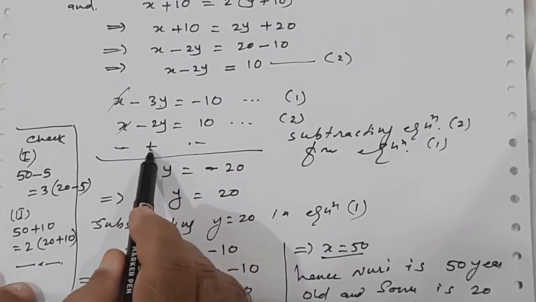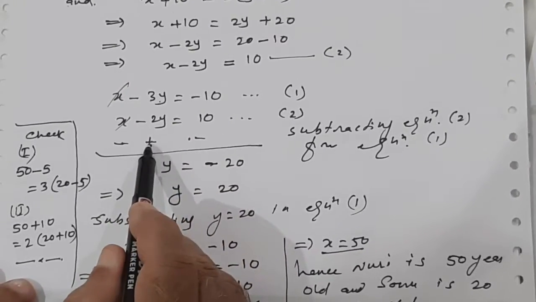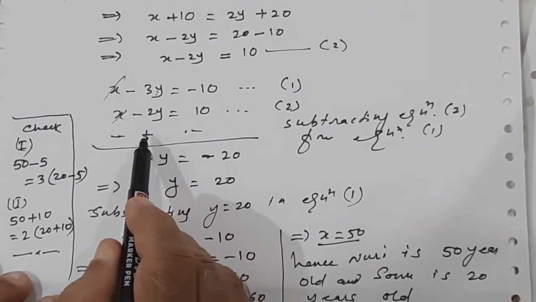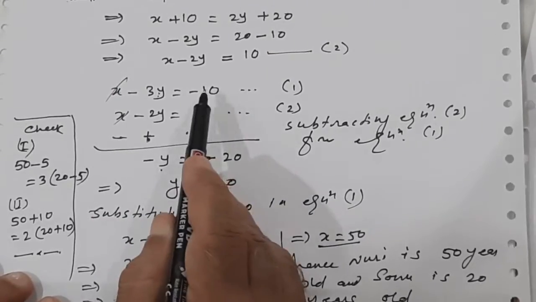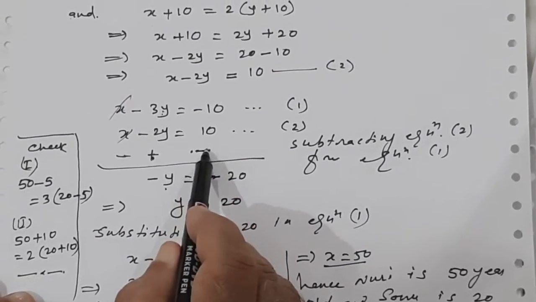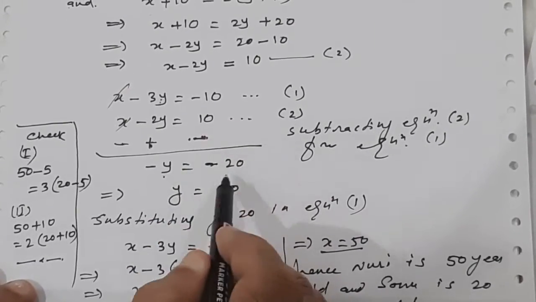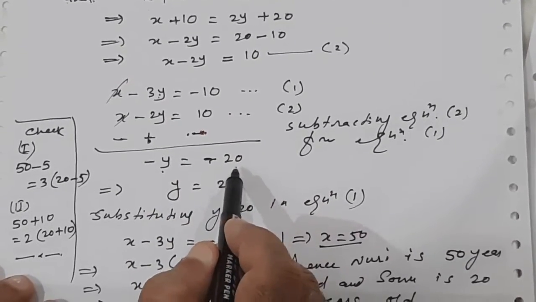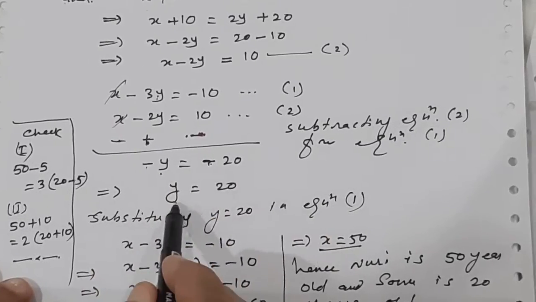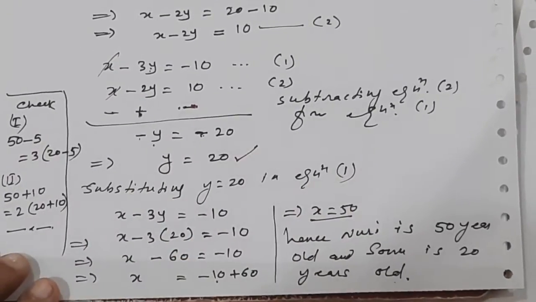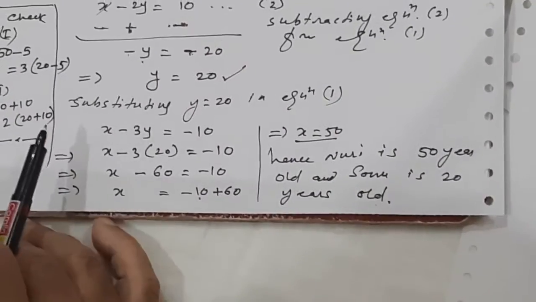Minus 3Y plus 2Y now. This minus 2Y changes to plus 2Y. Minus 3Y plus 2Y is minus Y. Minus 10 and minus 10, this minus 10 will get added. So minus 10 adding minus 10 becomes minus 20. Minus minus gets cancelled. Hence Y is equal to 20. So this is the age of Sonu.